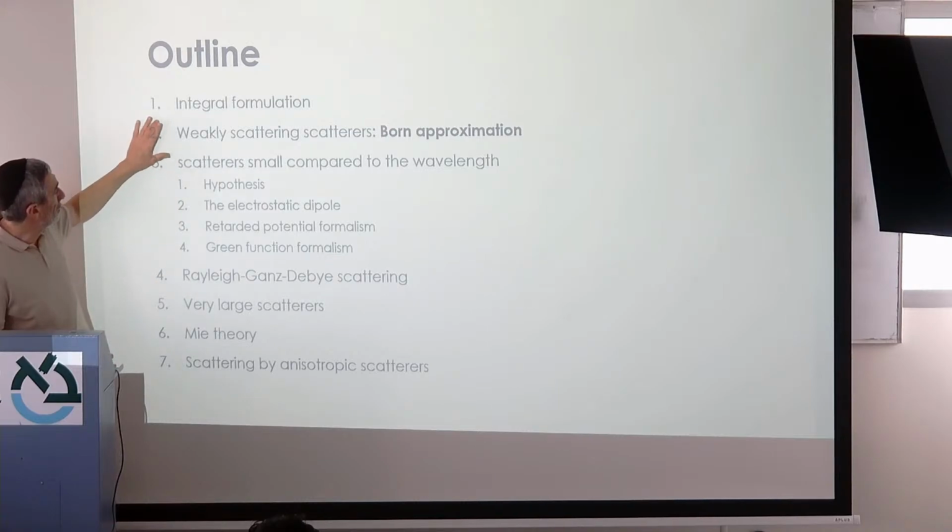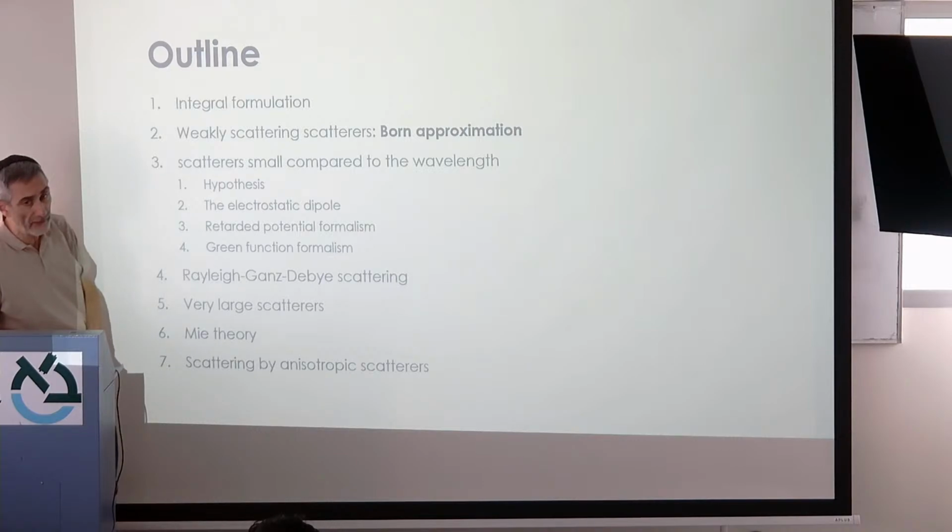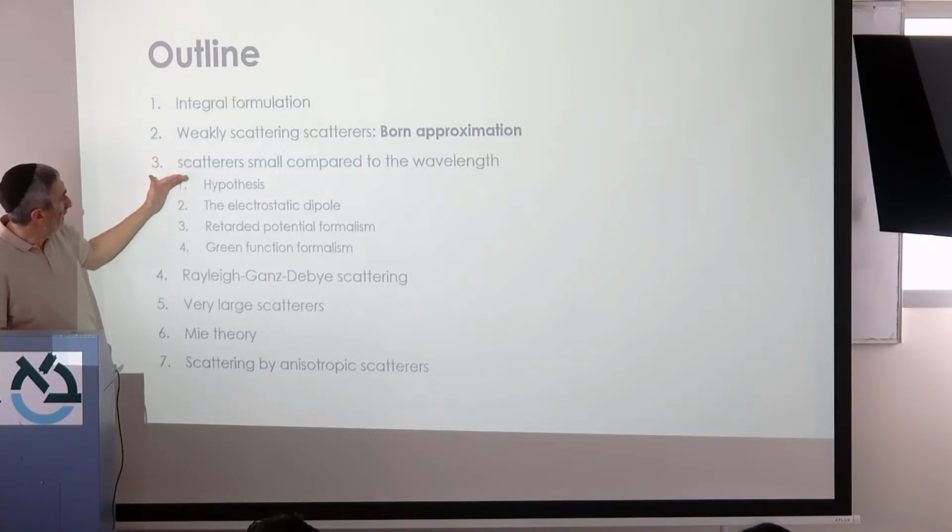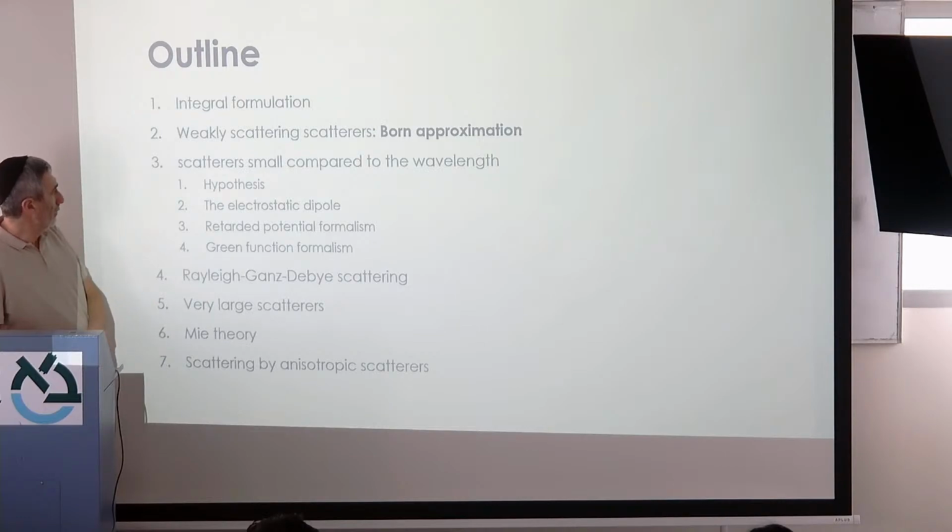The first approximation we will consider is the case of weakly scattering scatterers. This is called the Born approximation. The second case will be the case of small scatterers compared to the wavelength.